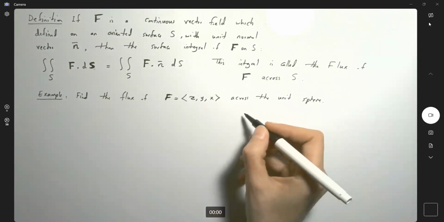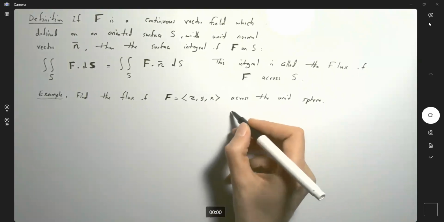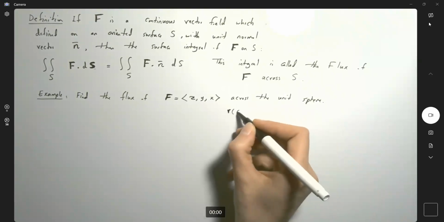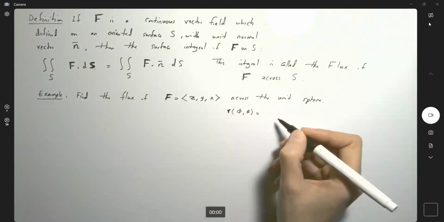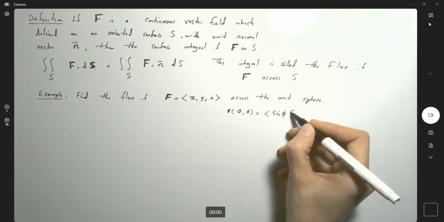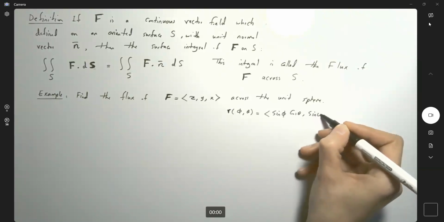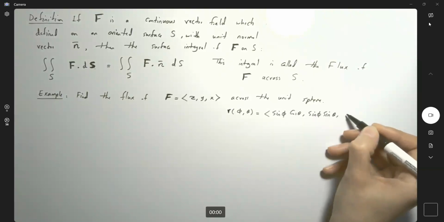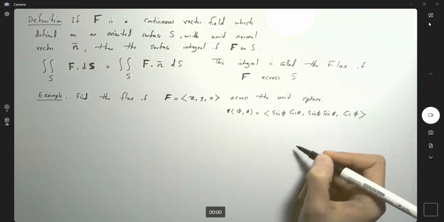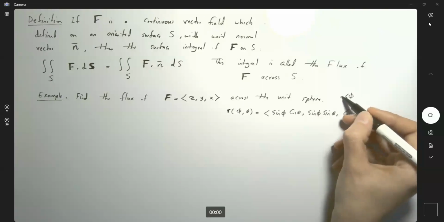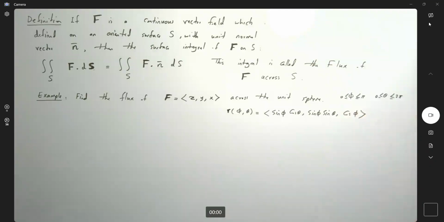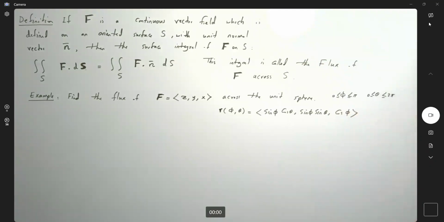We call that r of phi and theta, which is sine phi cosine theta, sine phi sine theta, and cosine phi. Since it's a unit sphere, phi is between 0 and pi, and theta is between 0 and 2 pi. Very good.